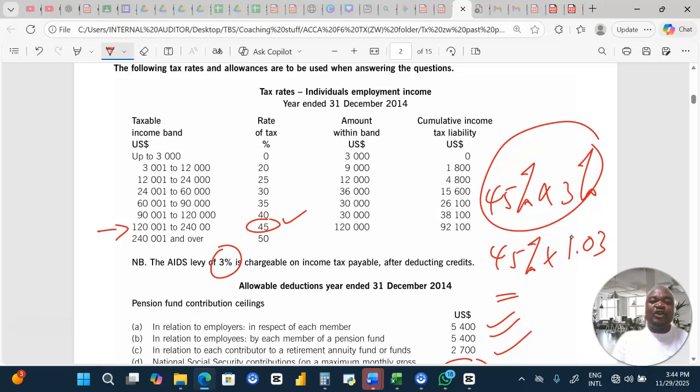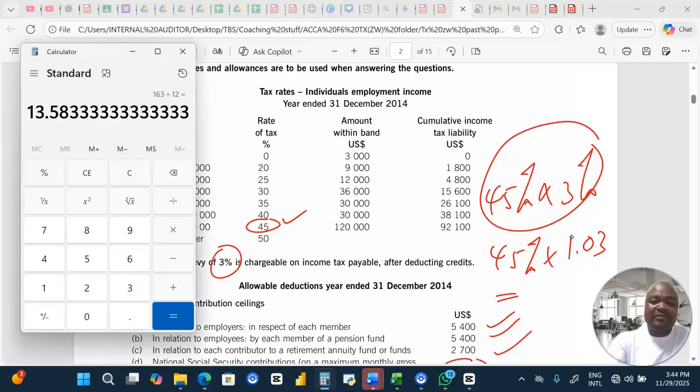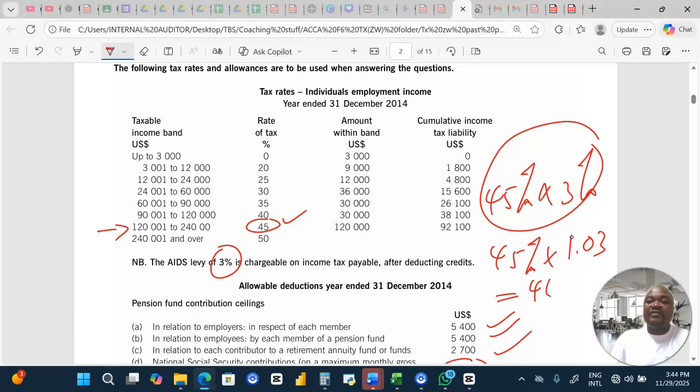If we say 45 multiplied by 1.03, we get 46.35. This now includes the AIDS levy.